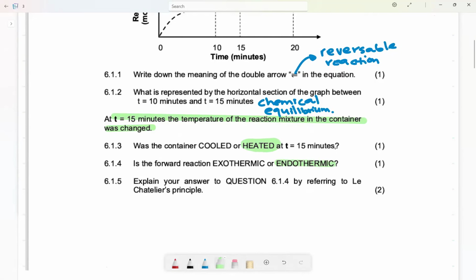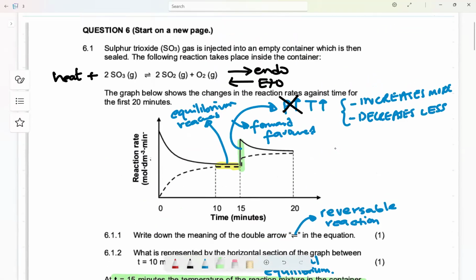Why? Because if the container is heated, the temperature will increase, and we know that an increase in temperature favors the endothermic reaction. Which one is favored between the forward and the reverse? The one that increases the most is favored, which is the forward. So the forward direction is favored and the increase in temperature favors the endothermic.